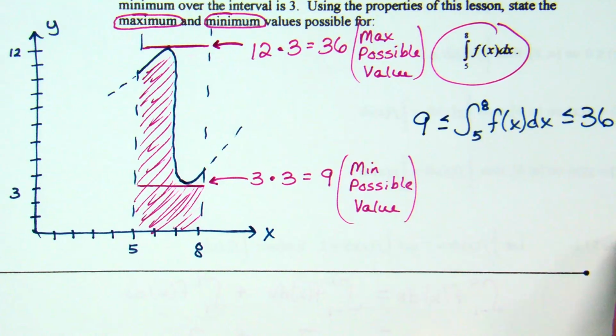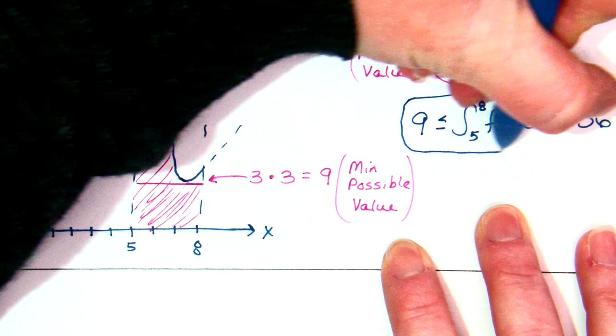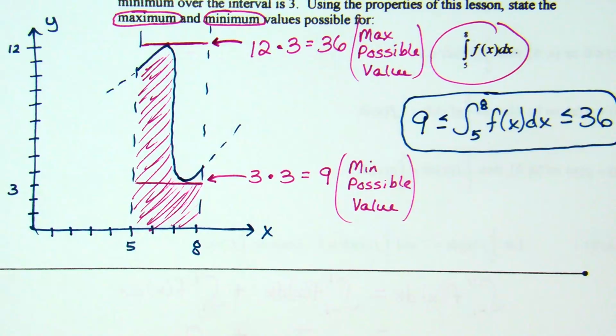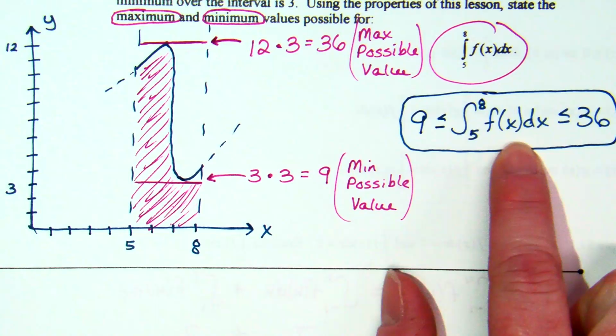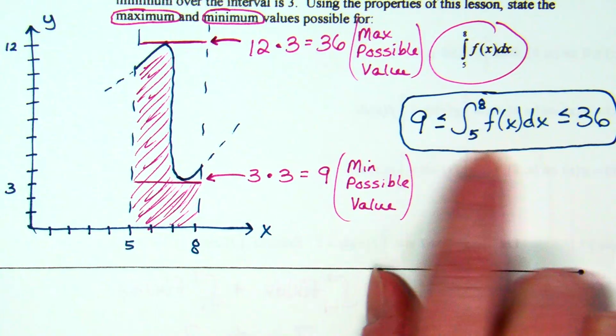So if you want to write a fancy answer here, and more importantly than anything, it's just me trying to explain notation to you. But they ask for maximum and minimum possible values. So it's less than or equal to 36, greater than or equal to 9.